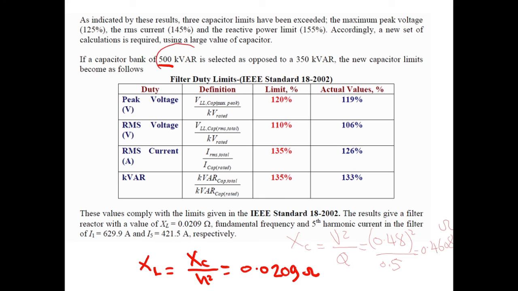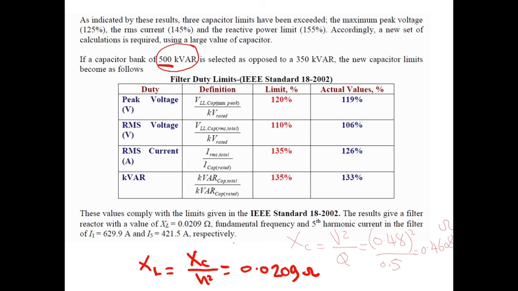We choose 500 because it is also available in the market. If we choose 500, then of course we need to do the calculation again for XC with 500 and the calculation of XL.